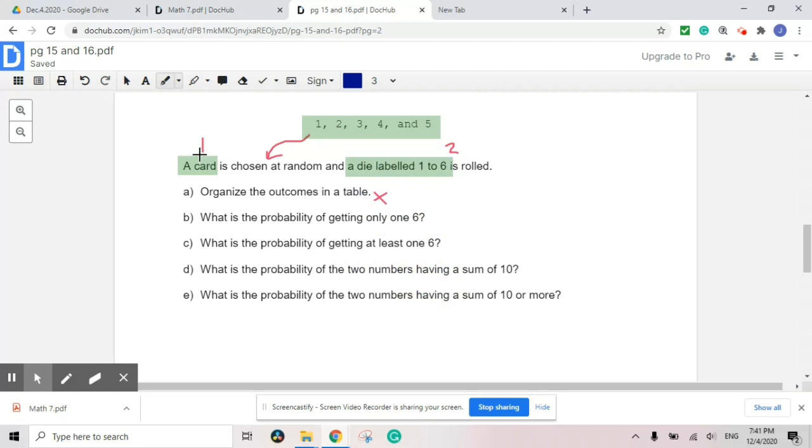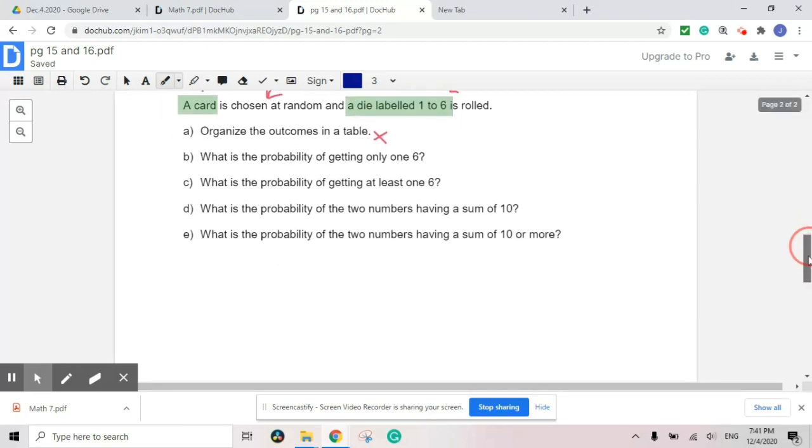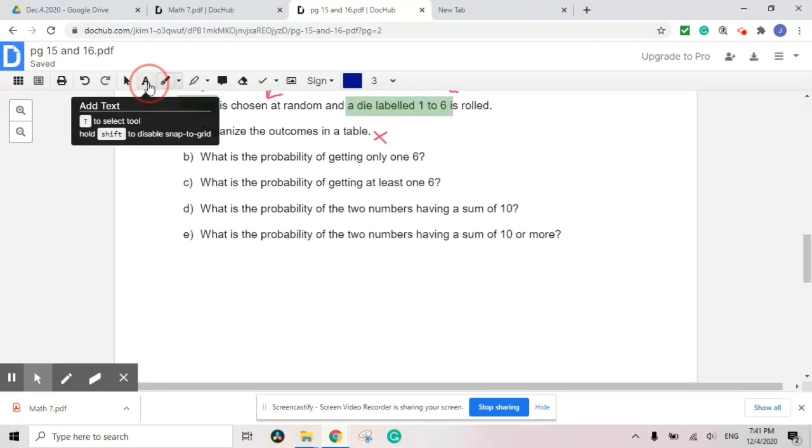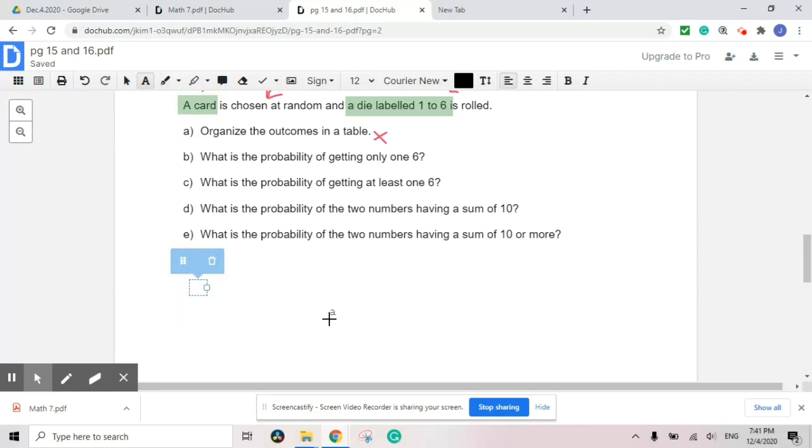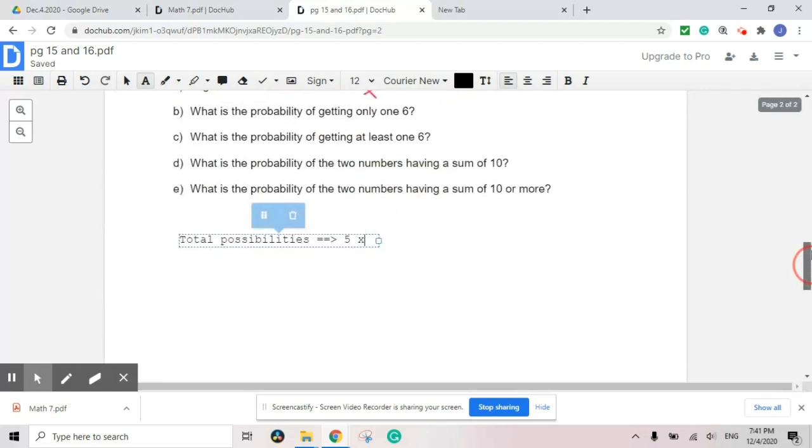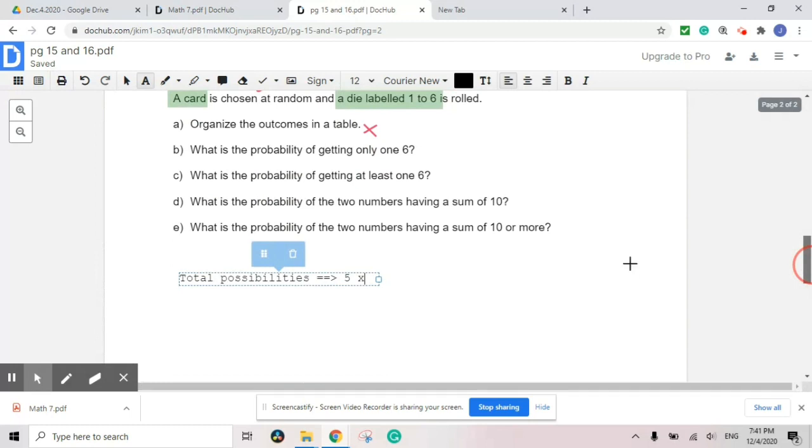First things first, event number 1, a card, has 1, 2, 3, 4, and 5. That means I have 5 possibilities. When we try to find the total possibilities, you need to understand that the first event has a maximum of 5, and the second one is a 6-sided die, so 5 times 6 is what we need to do.